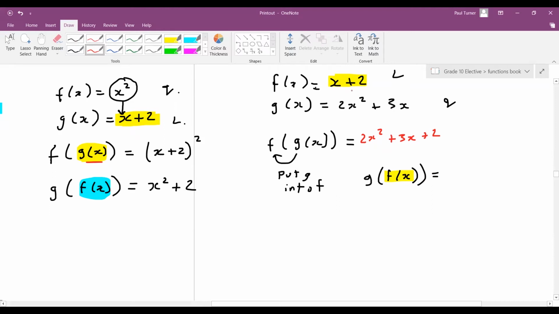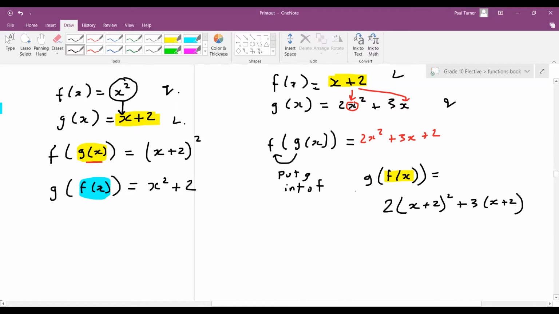And you need to put it everywhere where you see x. So you've got to replace that x and also this x here. So what are you going to have? You're going to have 2(x plus 2) squared, right? So we just replace the x in g, and then x plus 2 into here. So you'll have plus 3(x plus 2) like that.